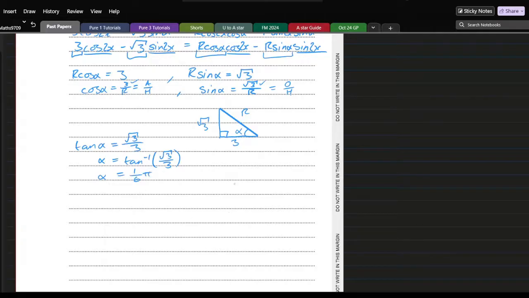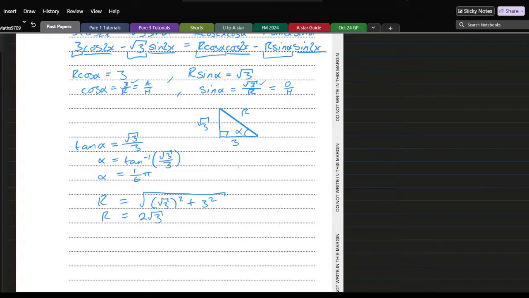And we can find r using Pythagoras theorem. So r is the square root of root 3 squared plus 3 squared. Let's punch that into the calculator, which gives us 2 root 3.